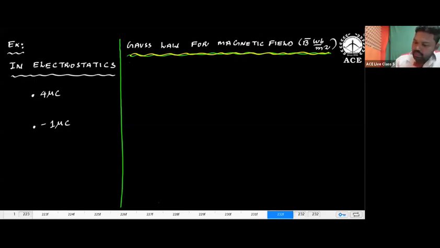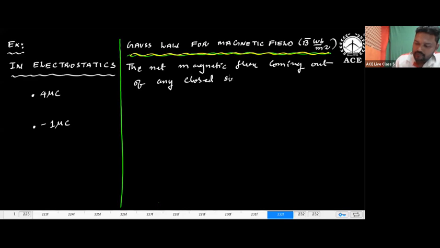Fine. So let me write down that statement here. The net magnetic flux coming out of any closed surface is always zero.